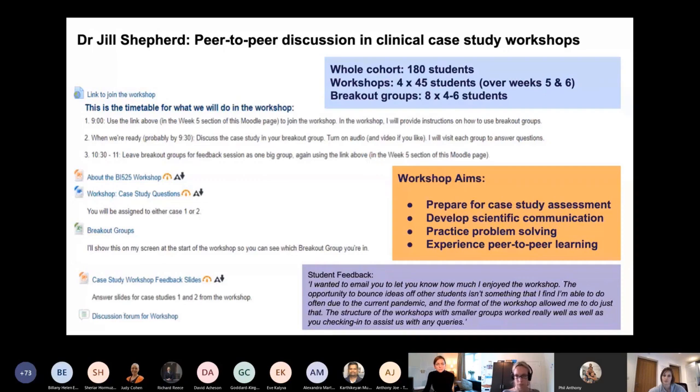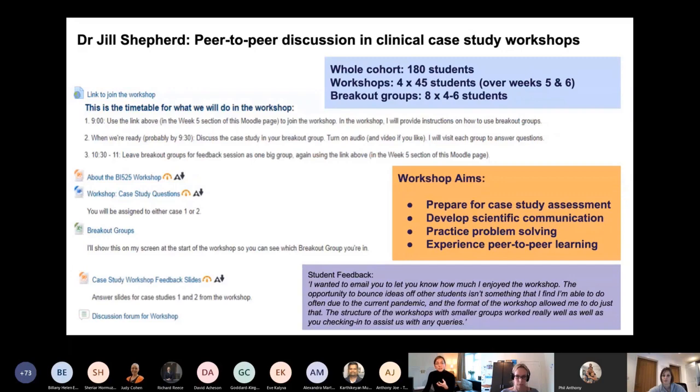But I give them a link to join the workshop in that week, and a little bit of information about what the workshop is going to look like so that they can prepare mentally for what they're entering into. There's a brief slide about what happens in the workshop, basically the things that I've just told you, so the students can get an idea of what to expect. I've had some feedback that managing the expectations was really important, and it was helpful for them as they entered the workshop.